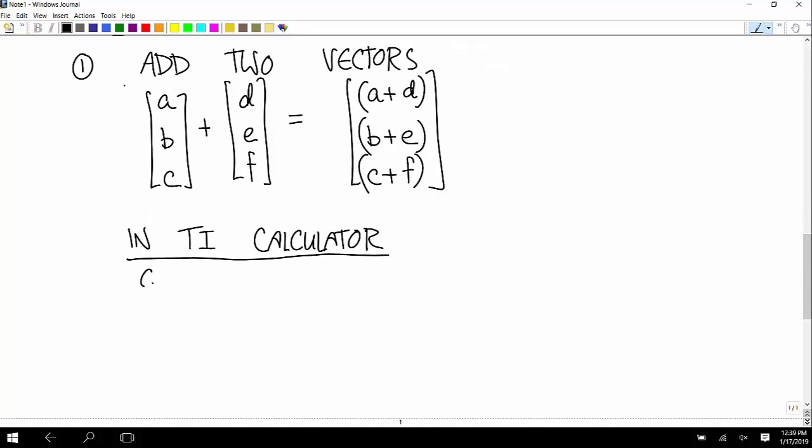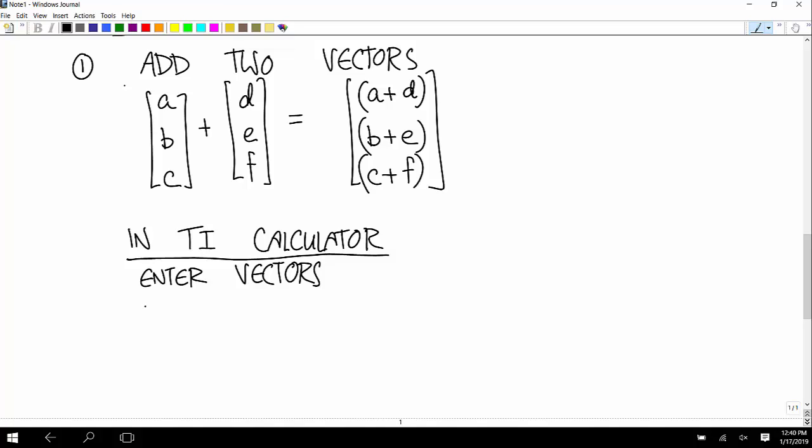So in a TI calculator, you're going to enter vectors one of three ways. The one that is not included in the list I'm giving is the TI Inspire. You enter matrices a little differently in the Inspire, and I'm not exactly sure about the syntax, but if you have trouble doing it, we can figure it out for sure. I've done it before. I just don't remember the syntax.